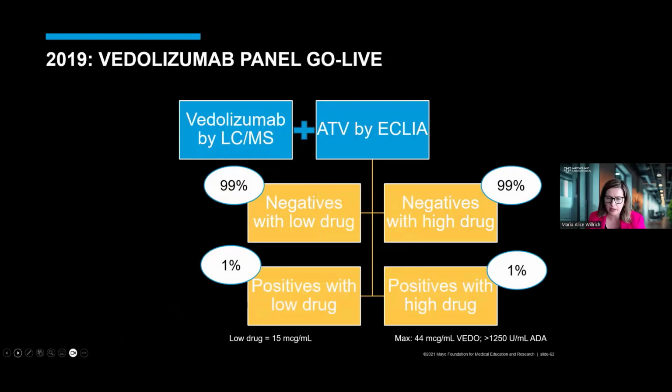About 80% of our orders are for the panel, and they have a similar positivity rate for vedolizumab antibodies regardless of the drug level. Here, I'm showing that the highest concentration of vedolizumab we've seen was about 44, with a greater than anti-drug antibody.